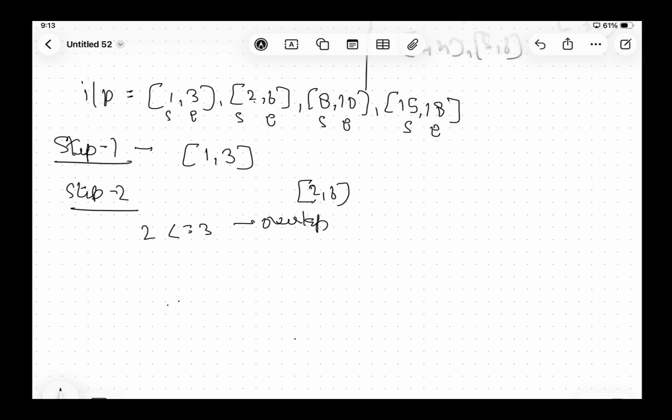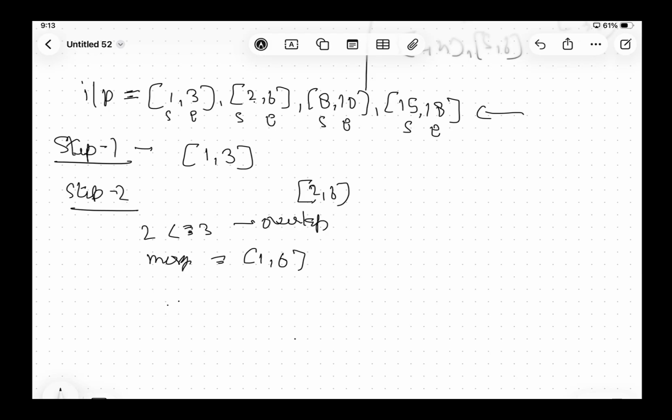Remember, this input is already sorted. If it is not sorted, you have to sort it. So 2 is less than 3, overlap, and I merge it. It will become 1, 6.